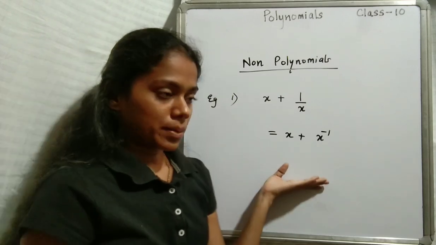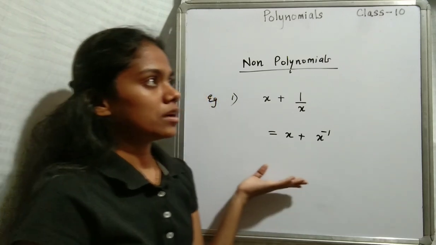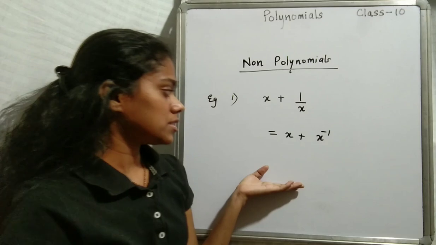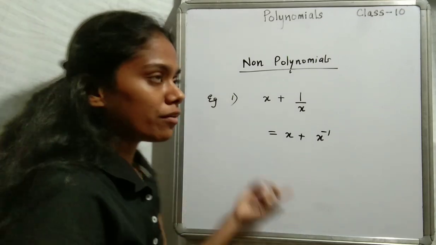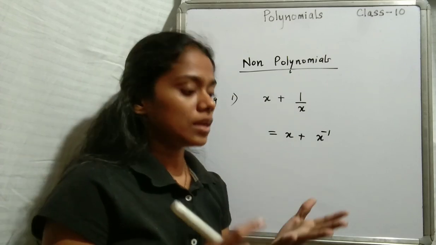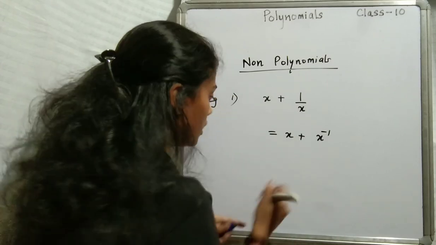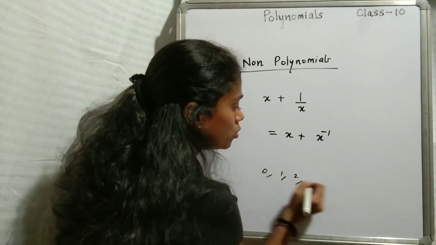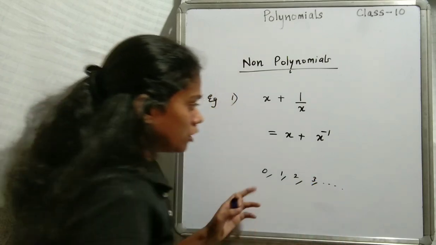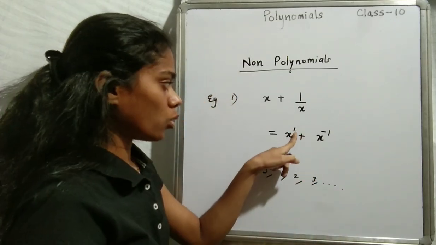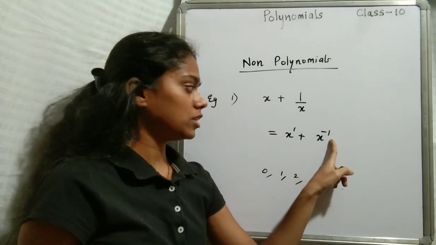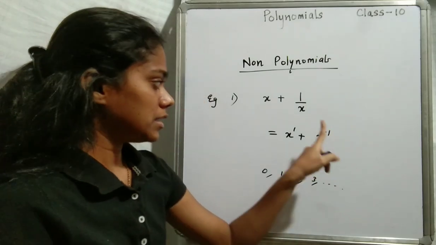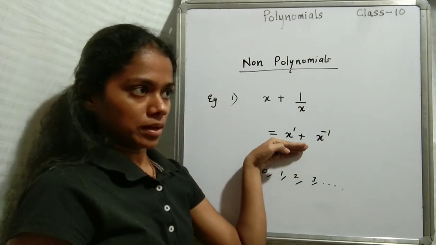For an expression to be a polynomial, there are two conditions. The power of the variables should be whole numbers, meaning 0, 1, 2, 3, right? If you see, the power of this variable is a whole number, but the power of this variable is an integer, right? It's not a whole number, so that's why this cannot be a polynomial.